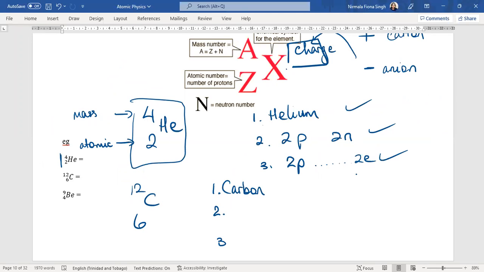Let's go through this again. We have our symbol, which is C. We have the number at the top. This number at the top is your mass number, which is your number of protons plus your number of neutrons. And the number at the bottom is your atomic number, or the number of protons.